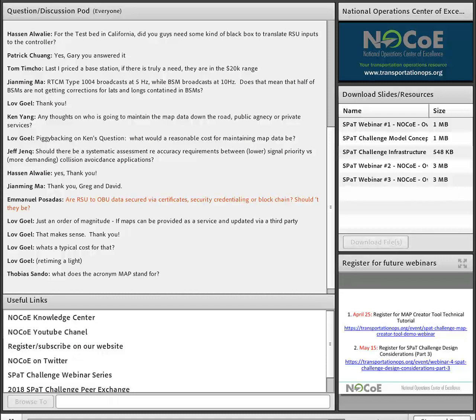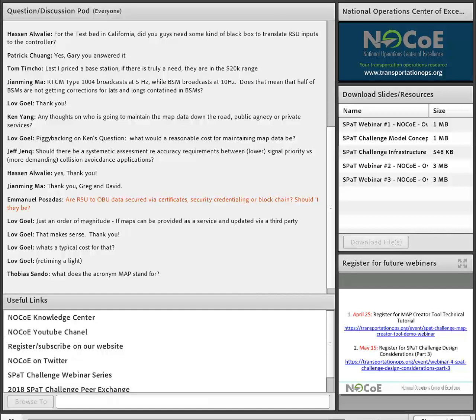Let me add an observation regarding this question. We were talking about RTCM corrections at an intersection, and again, DSRC has a relatively small footprint, but for collision avoidance, you're going to need that application anywhere, and it's more likely it will be outside the range of any RTCM correction.